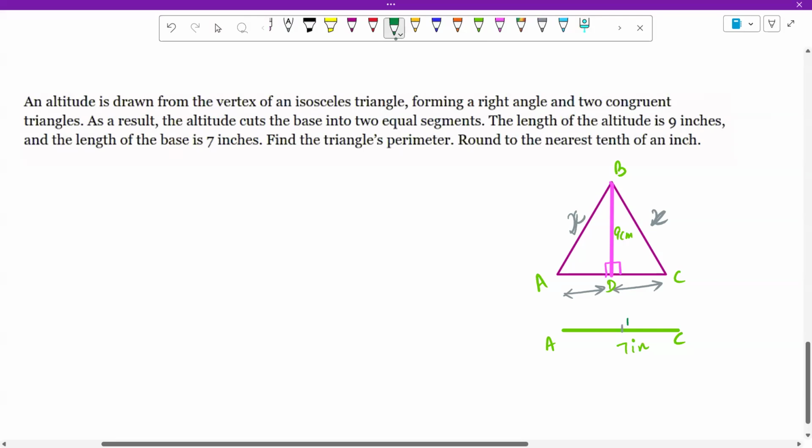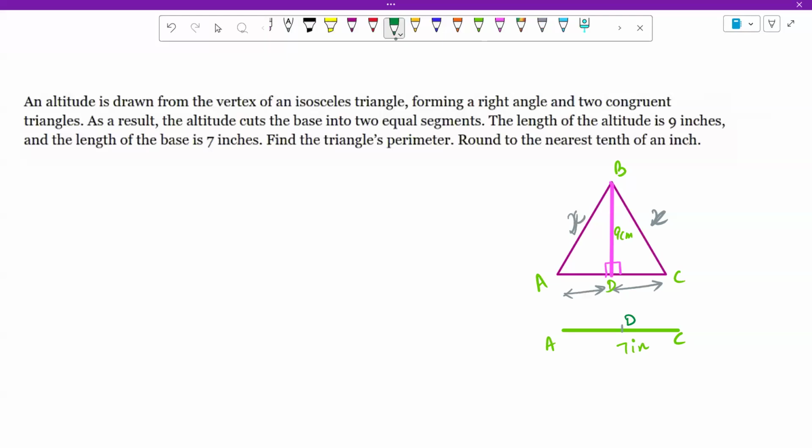A to C is 7 inches, right? They are saying the length of base is 7 inches. How much is A to D and D to C? How will we find out?